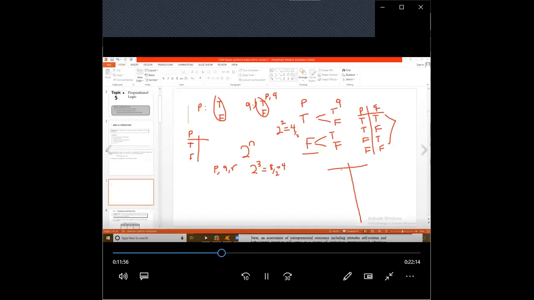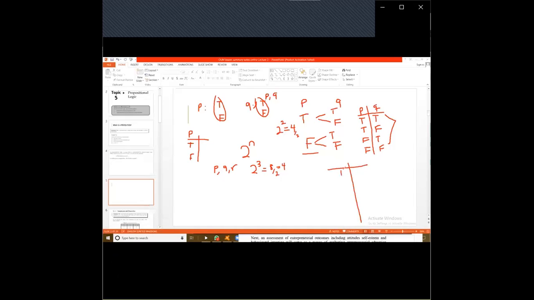So let's do that. We have true, true, true, true. That's for the 4 true. Then we have false, false, false, and finally we have false.